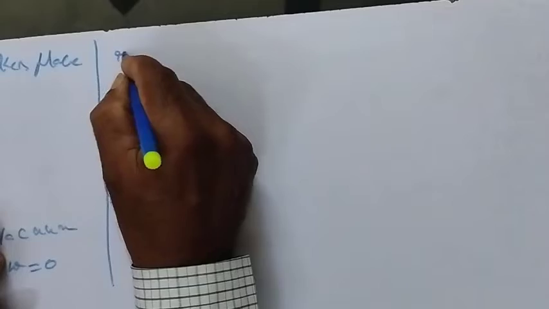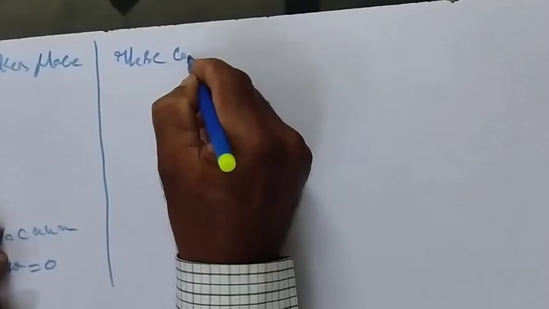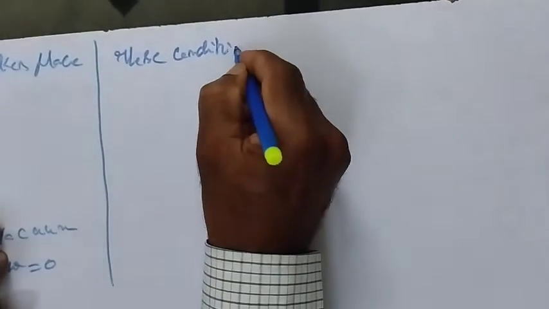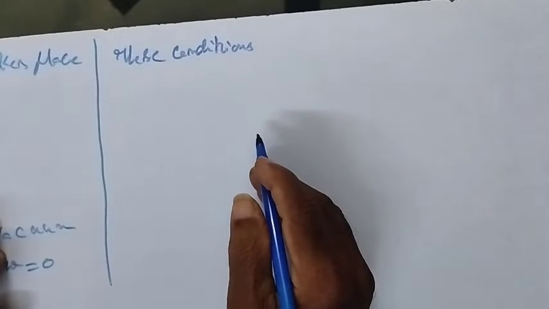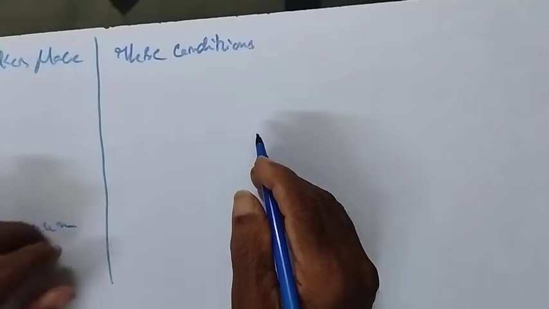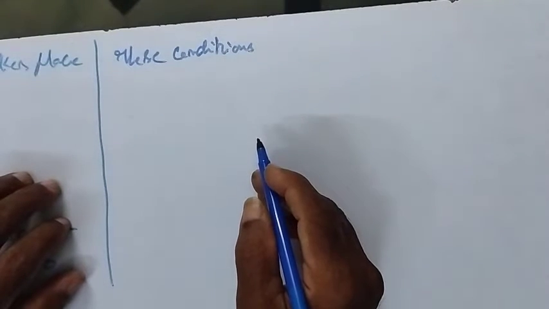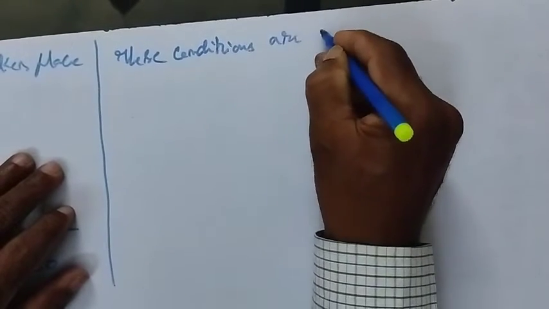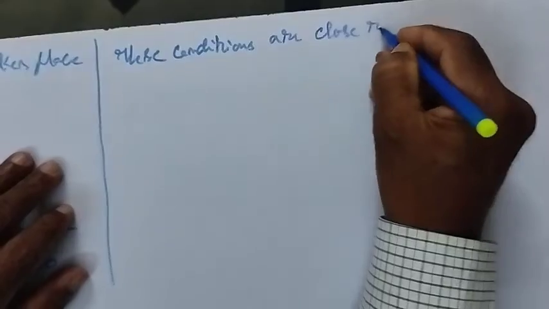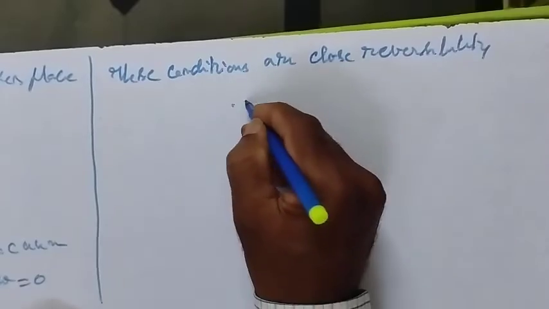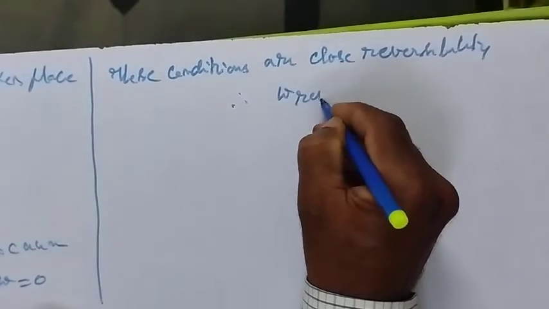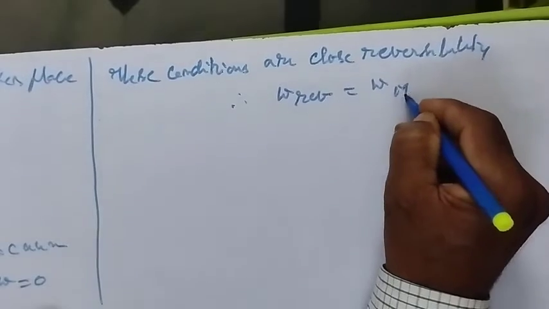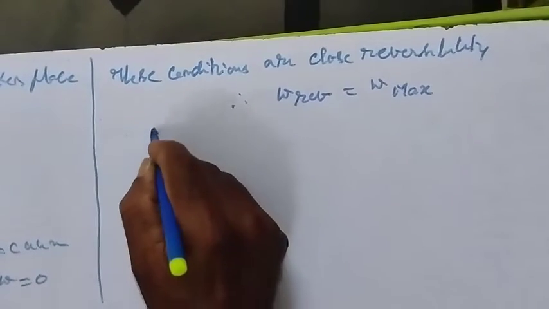Therefore, these conditions, where the external pressure is infinitesimally smaller when compared to internal pressure, are close to reversibility. Therefore, work reversible equal to work maximum.